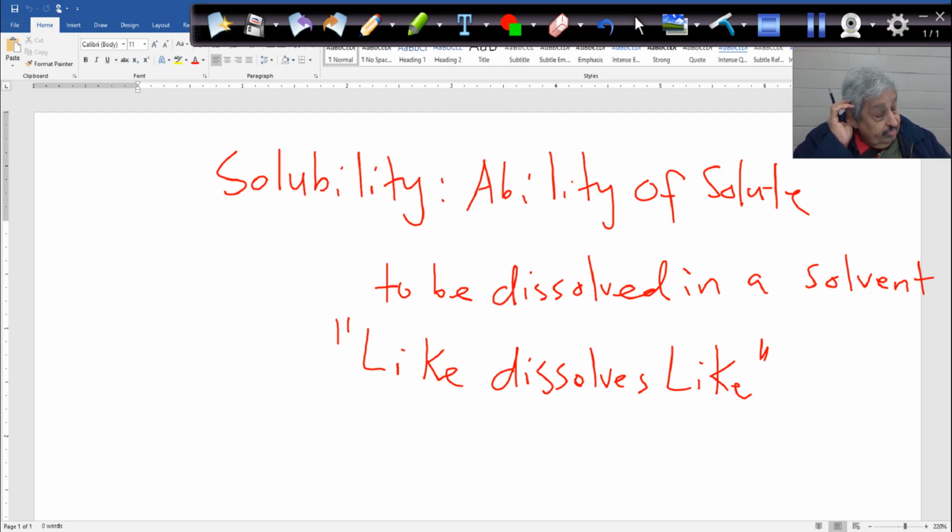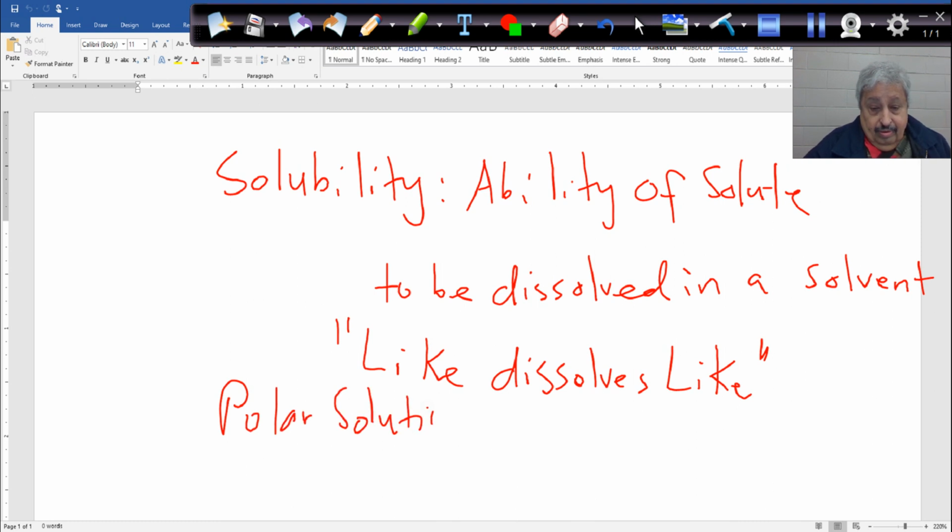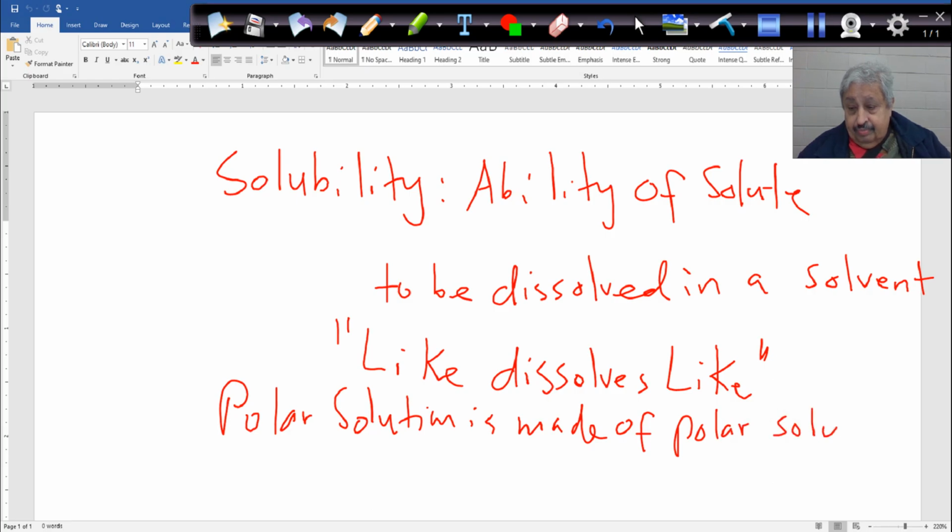So a polar solution is made of a polar solute and a polar solvent.